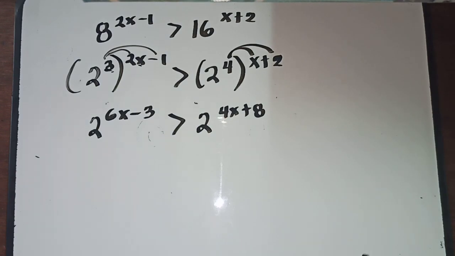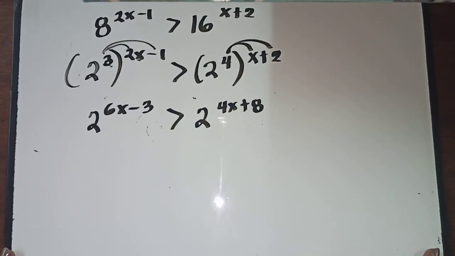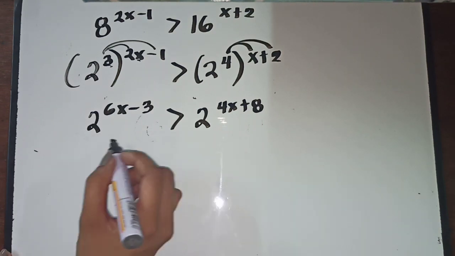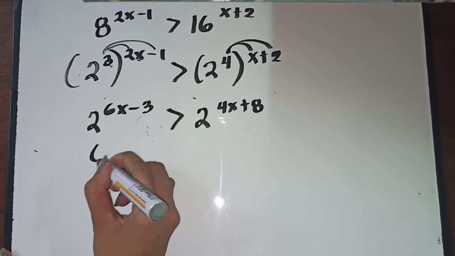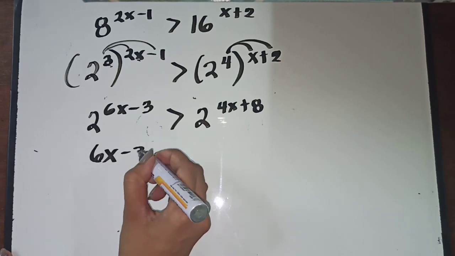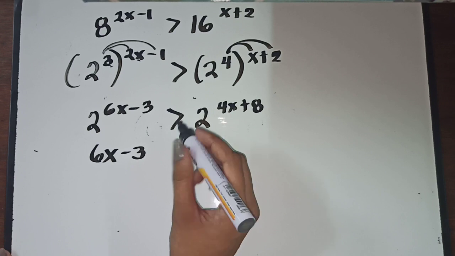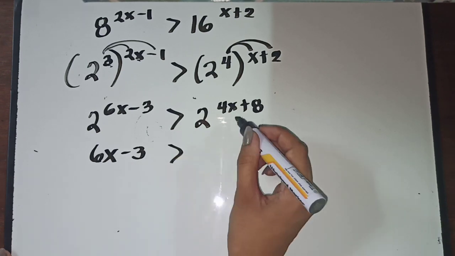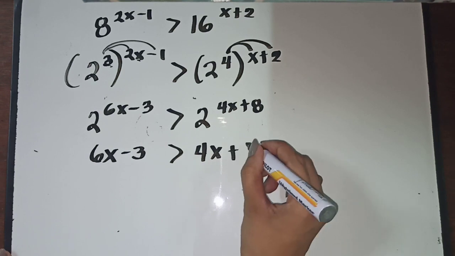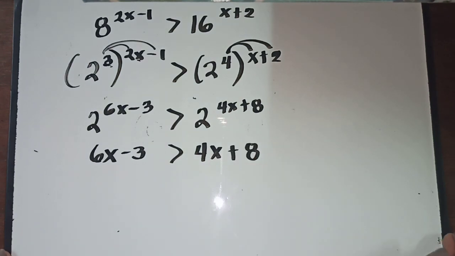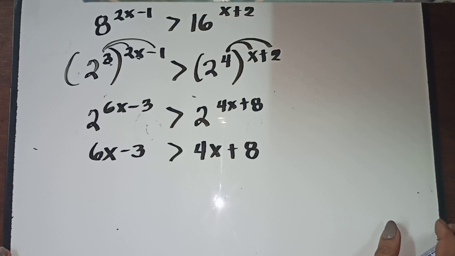Okay, so next, once na equal na ang base, kapag magkatulad na po ang base, parehas ng 2 ang base natin, copy the exponent. So the exponent is 6x minus 3. Copy the inequality which is greater than. Copy the exponent which is 4x plus 8. And solve for the value of x.